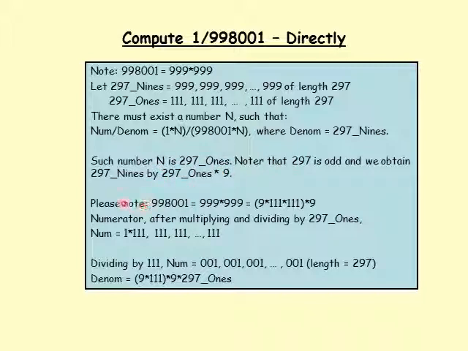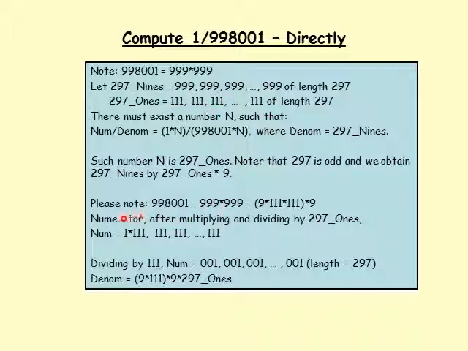Also note that 998,001 is 999 times 999, so we need a 9 here to multiply by the sequence of ones to get a sequence of nines in the denominator. The rest, the 9, 111 and 111, we have to cancel out from the sequence in the numerator.